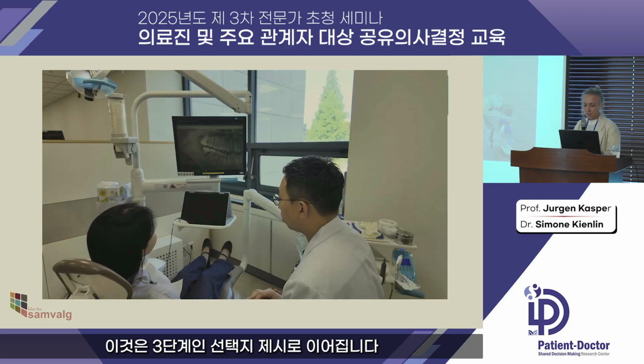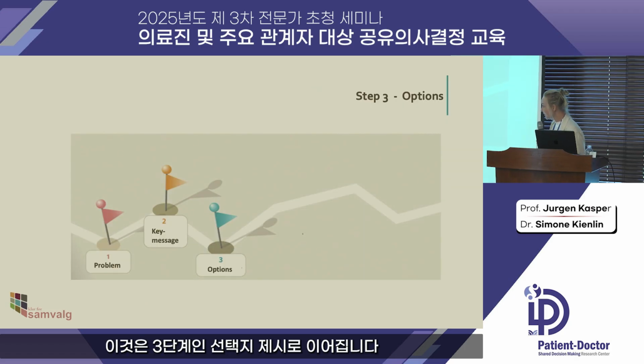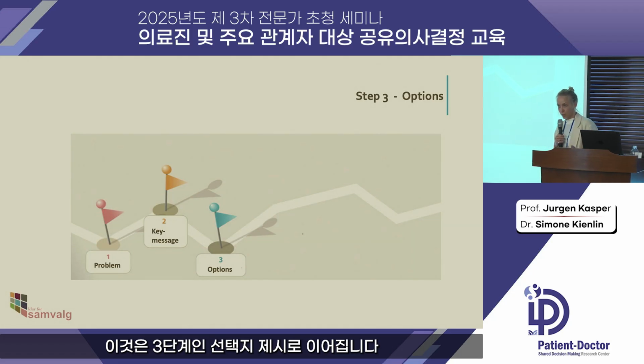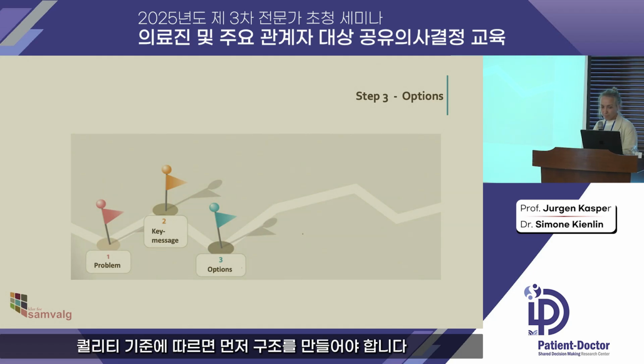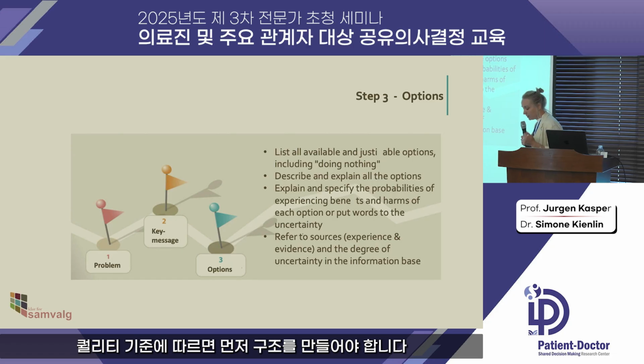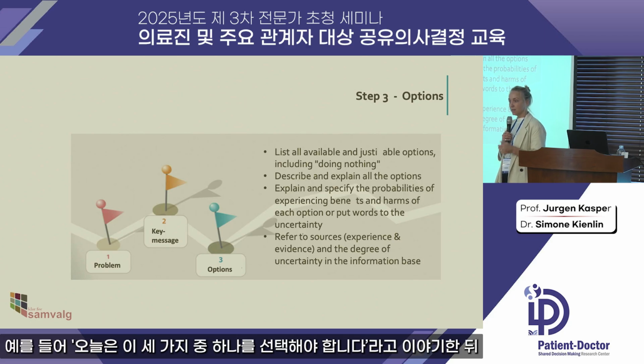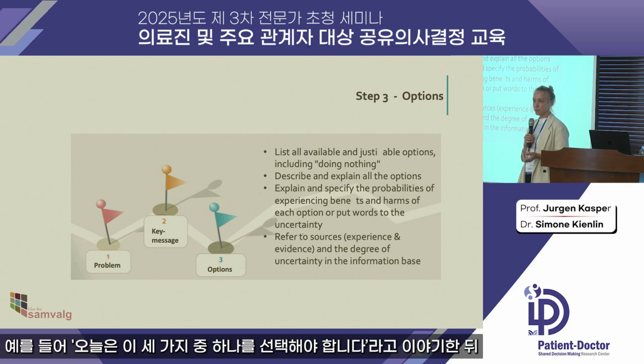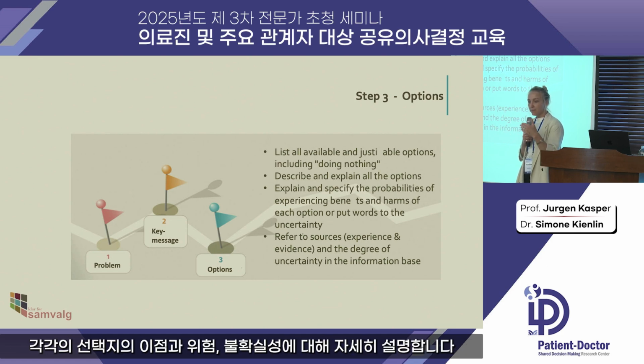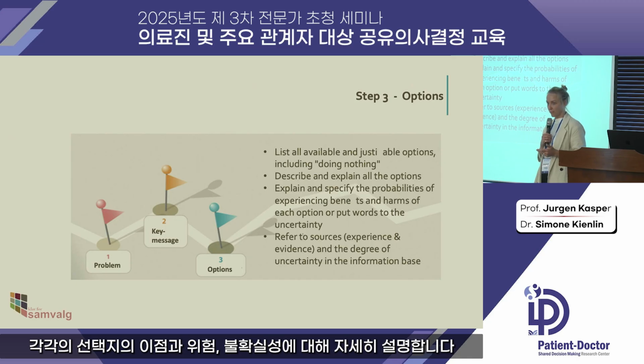Okay, and that leads us to the next step, which is presenting the different options. Within our quality criteria, we say that first you should make a structure. So say that here today we have to choose between these 3 options, as one example. And then you go in depth and tell about the different possible benefits and harms of each option and give more information.